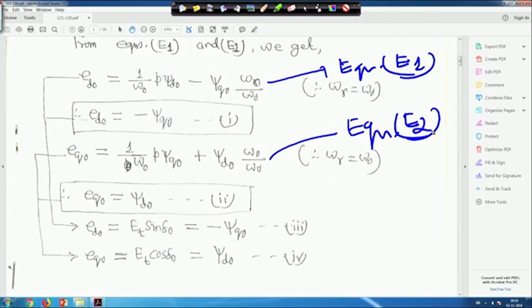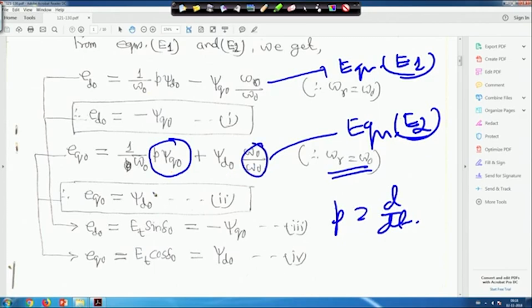So here also, EQ 0 will be 1 upon omega 0 p psi q 0 plus psi d 0 omega 0 upon omega 0, because omega r is equal to omega 0. This is the initial operating condition. So p psi q 0, its derivative will be 0, because p is actually the differential operator, d by dt. So this term will be 0 and this term is 1, so basically it will become psi d 0.